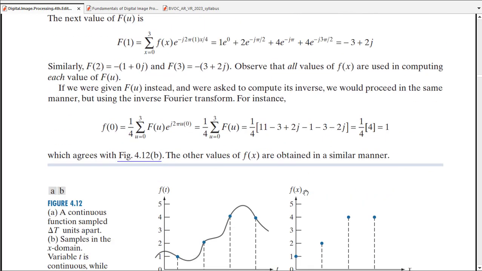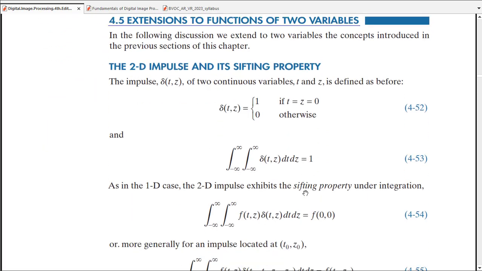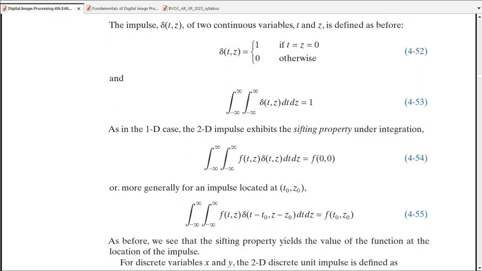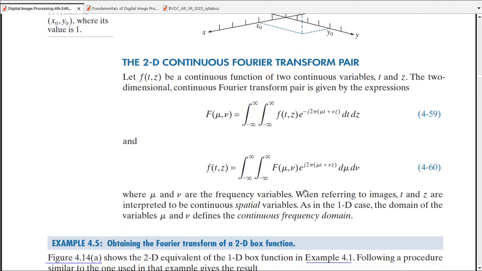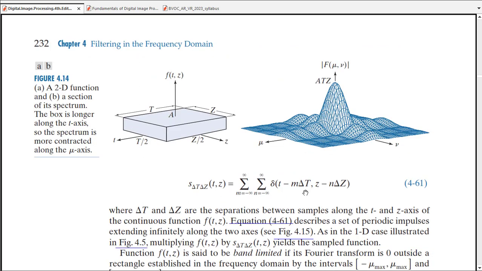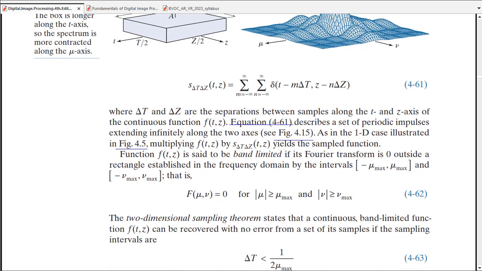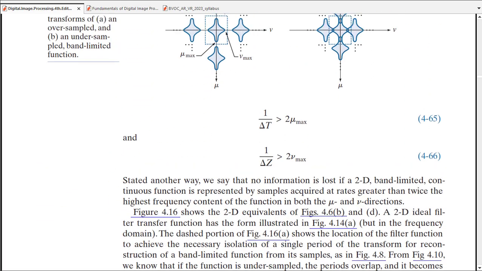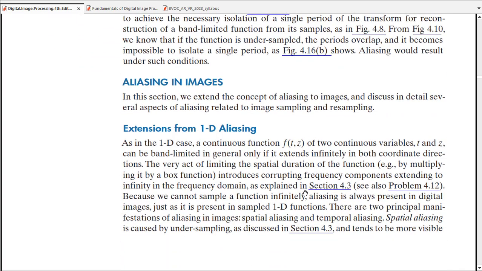The discrete Fourier transformation is used in most cases in the frequency domain only. Here we cover the 2D impulse and shifting property, 2D variables, and the 2D continuous Fourier transformation pair, and how to project with the mesh function in MATLAB, and the 2D impulse train.